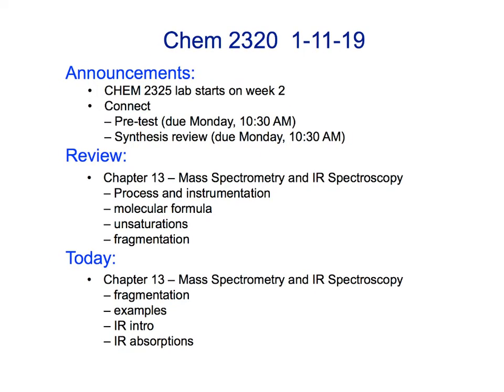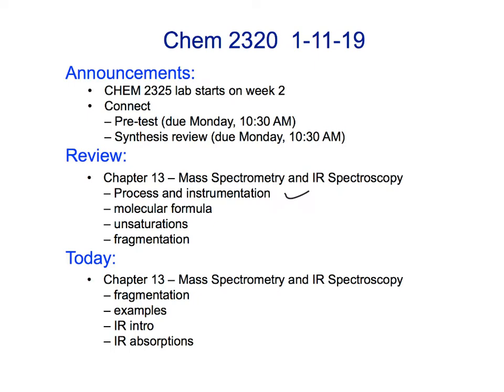We talked about how the instruments worked, right? We talked about the fact that we're detecting ions. We have to generate an ion. We can measure the mass of that ion, and that ion can also fragment into pieces. The molecular ion is the ion that includes all of the atoms of the molecule.